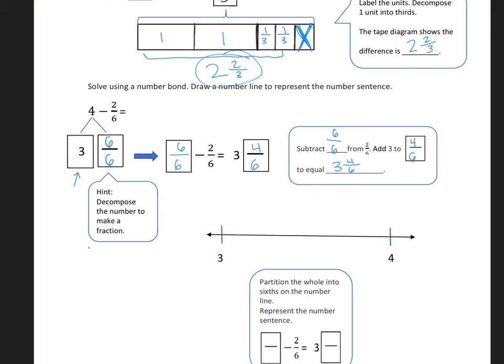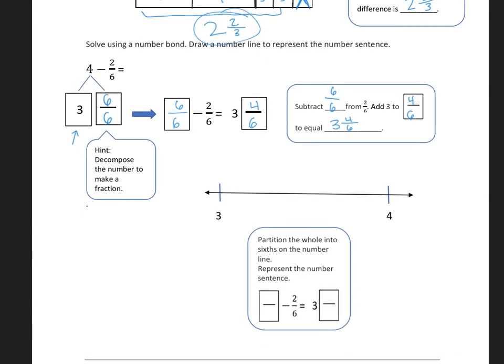Now, on the number line, they've already labeled it for us from 3 to 4. So remember, whatever your denominator is, that's what you're breaking up your number line into. So we have 6. So I'm going to say, okay, I know that if I'm dealing with sixths, halfway here is going to be 3/6, right?